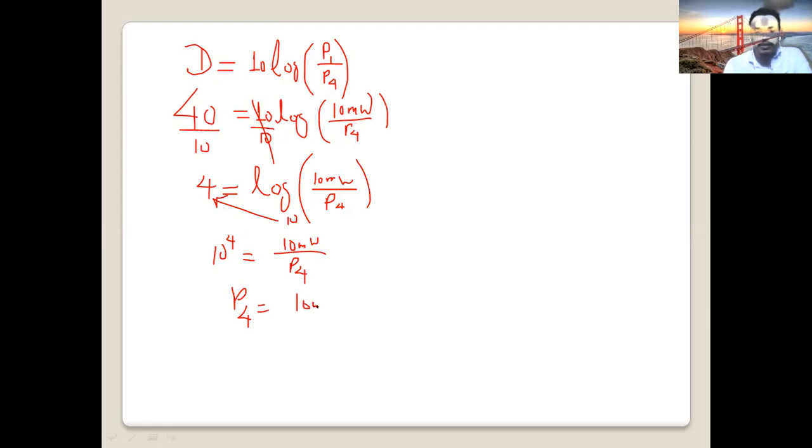10 milliwatt divided by, what is 10 to the power of 4? 10,000. So how much is P4? 10 divided by 10,000 is 0.0001. Right? Am I right?